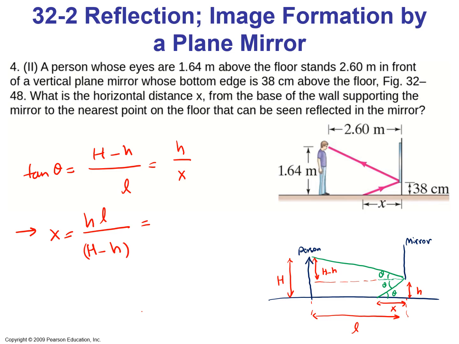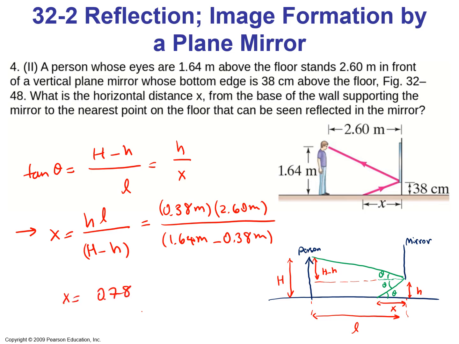Plugging in the numbers, 0.38 meter multiplied by 2.6 meter divided by 1.64 meter minus 0.38 meter, that gives us x equals 0.78 meter for this problem.